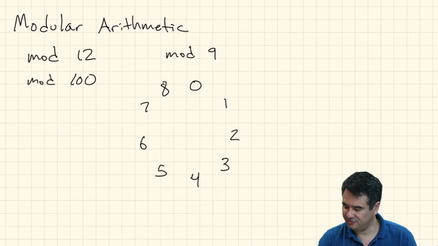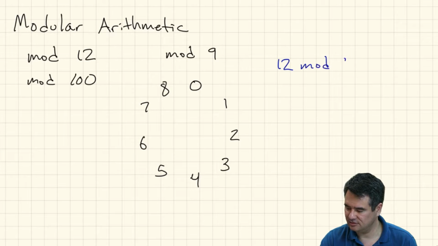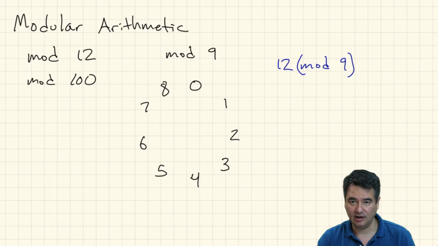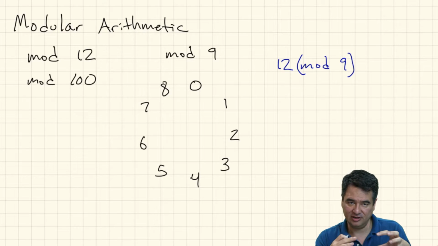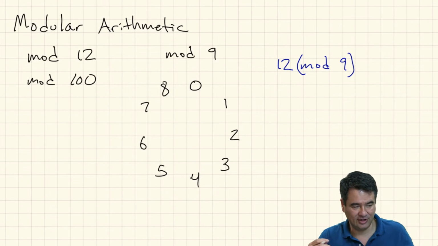All right, so the first thing we need to do is talk about what position we are at when we talk about particular numbers. So if we do something like 12 mod 9, and sometimes we write the mod 9 in parentheses, what we're doing is taking the number 12 and converting it into this new modular system in which the numbers only go from 0 through 8.